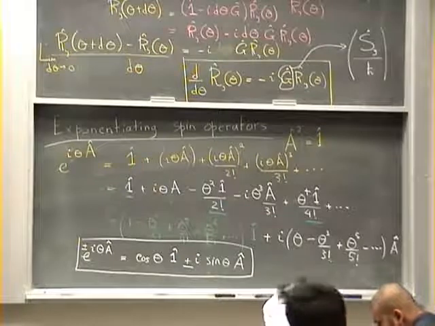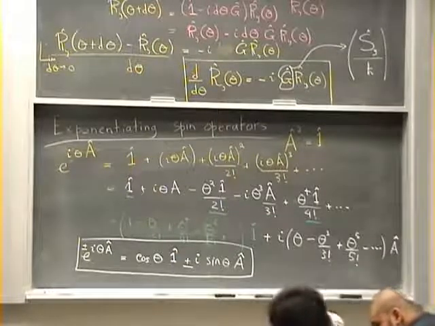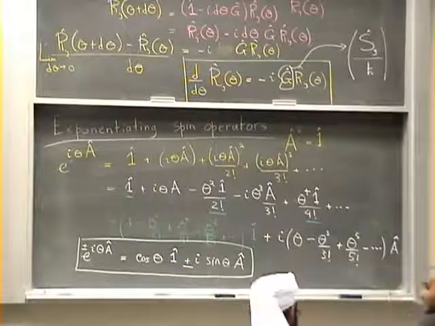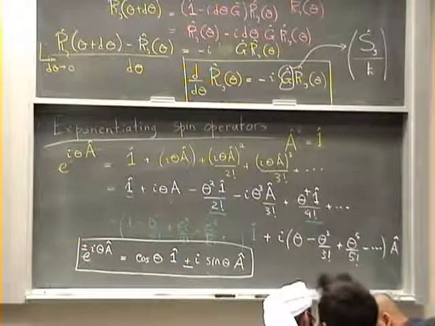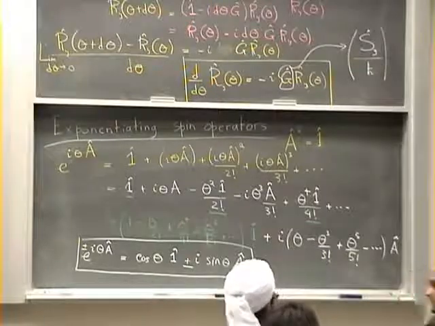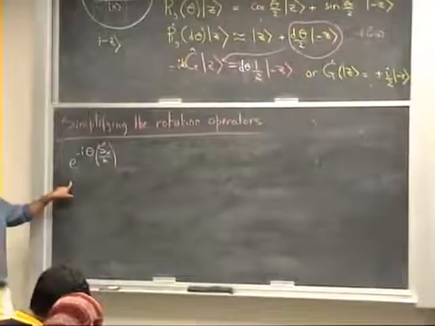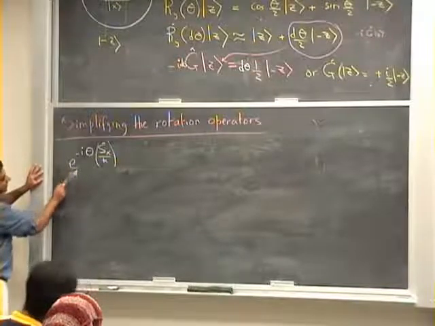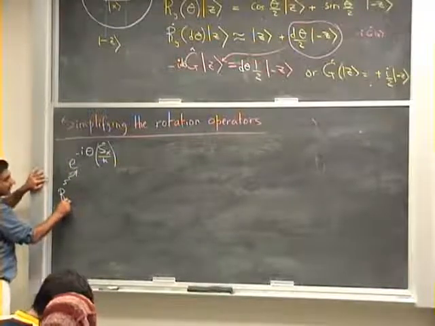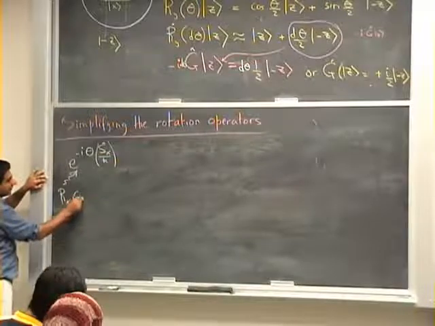Alright. Suppose I choose E raised to minus iota theta Sx over h bar. Right? What's this? This is the rotation operator about the x-axis. This is simply R about the x-axis through an angle theta.